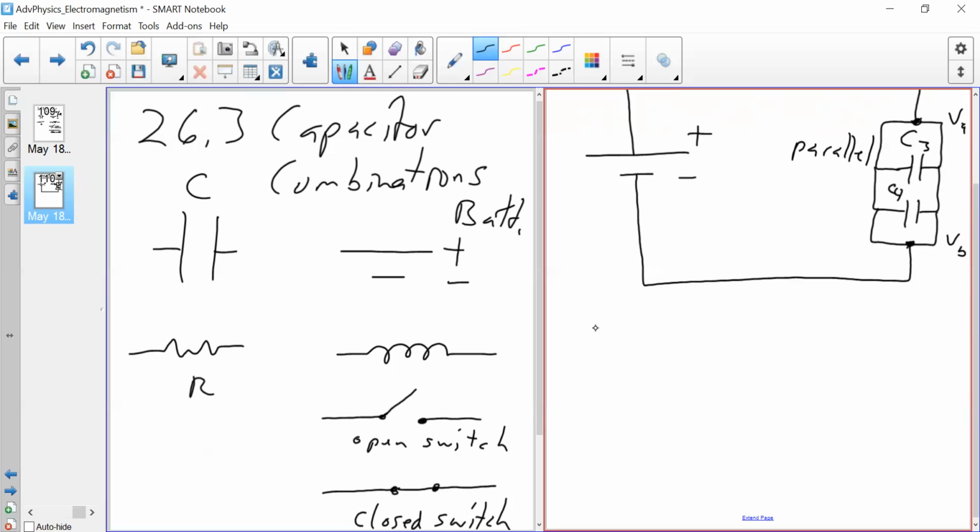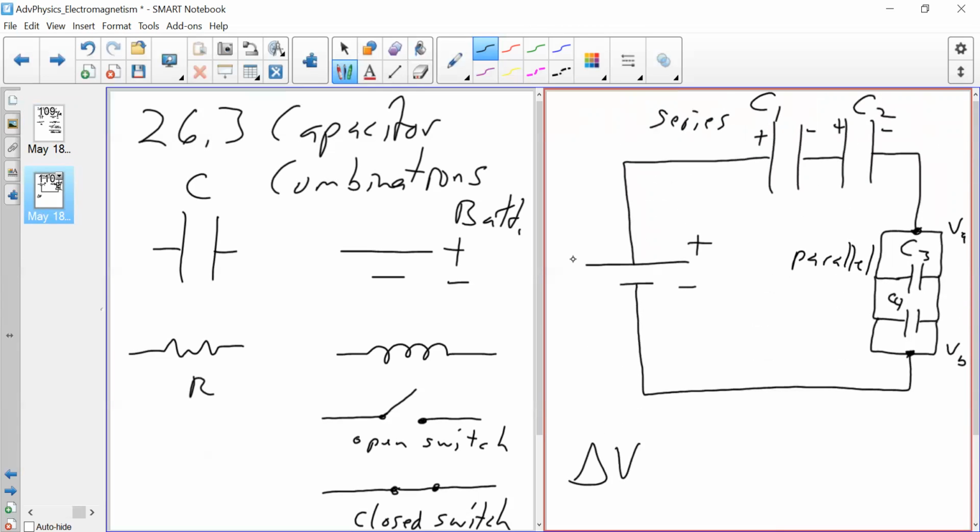So let's say that we're looking at the entire circuit. Let's say that this would be point A, this is B, C, D, E, this is point F. So the nodes go like this. We're just designating those points.